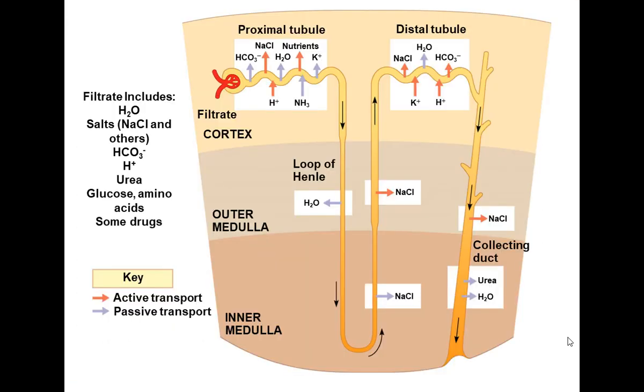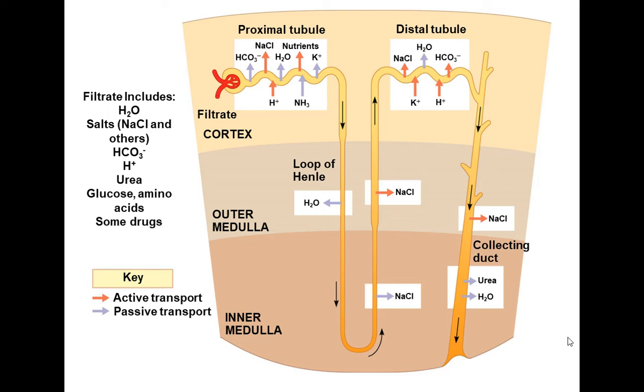So here is a picture step by step of what's taking place. You can see the red arrows are showing you active transport, the blue arrows are showing you passive transport. We talked about how both water and ions and molecules can leave in the proximal tubule. In the descending loop of Henle, only water is able to leave passively.